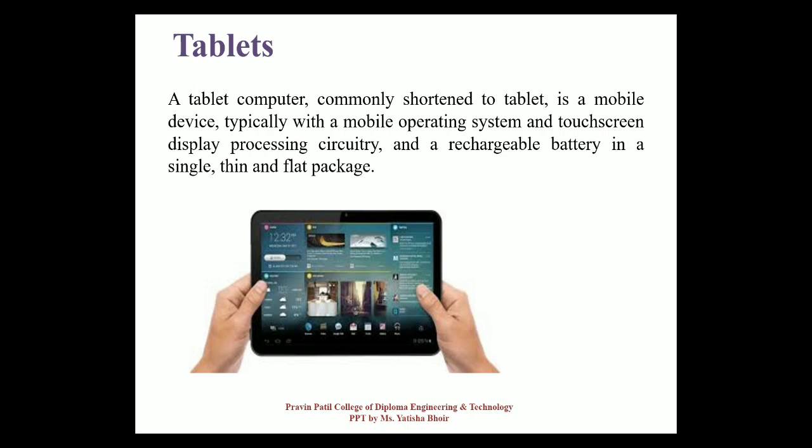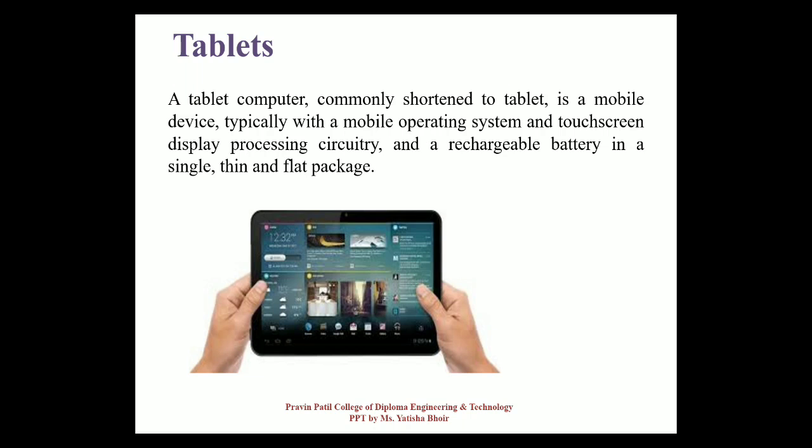Touch screen, display processing circuitry. It has a touch screen, right? Like our mobiles are also touch screen mobiles now, in Android devices or in iOS devices. So Android and iOS are the operating systems of mobile, and generally they are touch screen. So like mobiles, tablets are also touch screens.